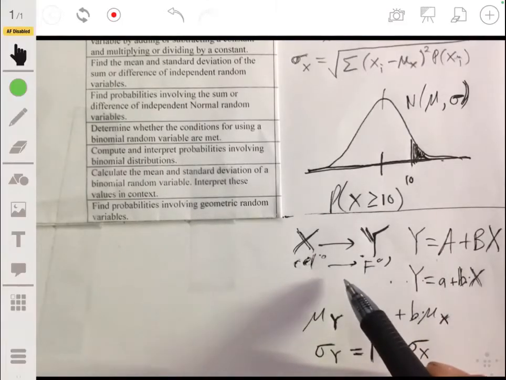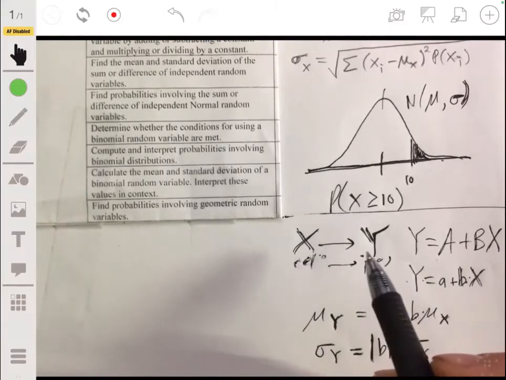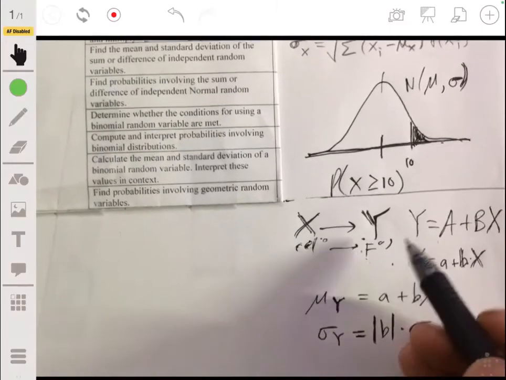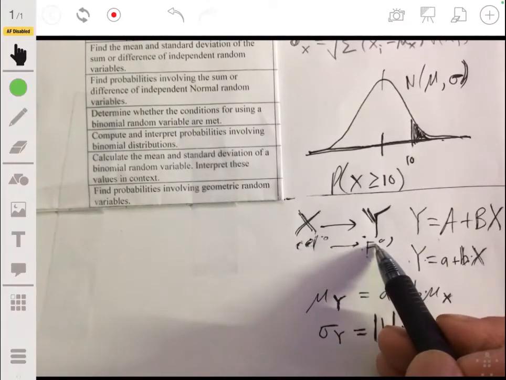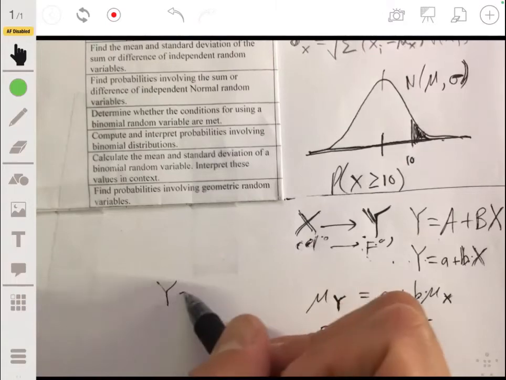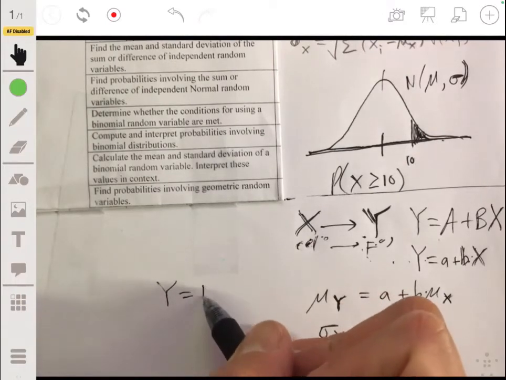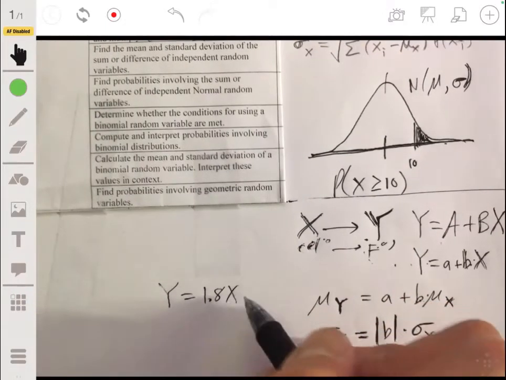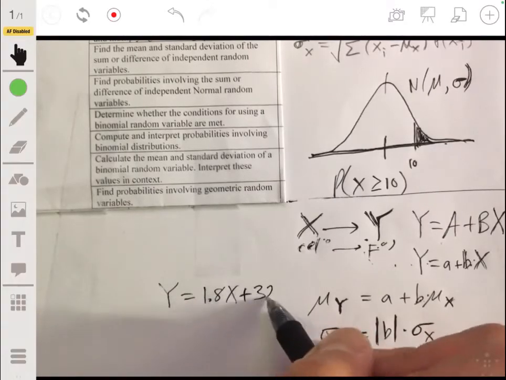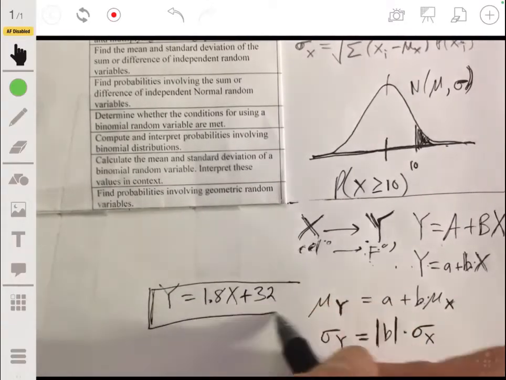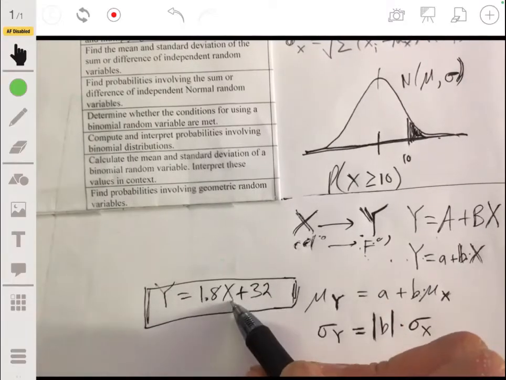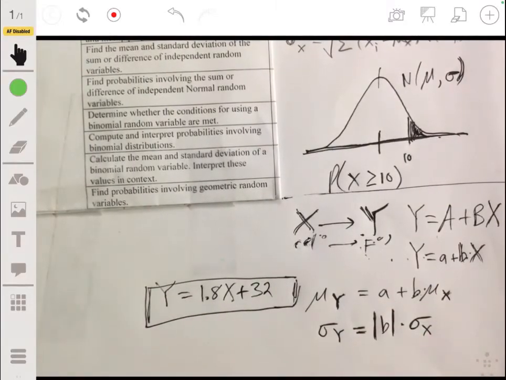Well, the equation, which you guys should know, especially if you go traveling, will be that the degrees in Fahrenheit, which is y, will be equal to 1.8 times x plus 32. This is the actual equation for the change from degrees Celsius x into degrees Fahrenheit y.